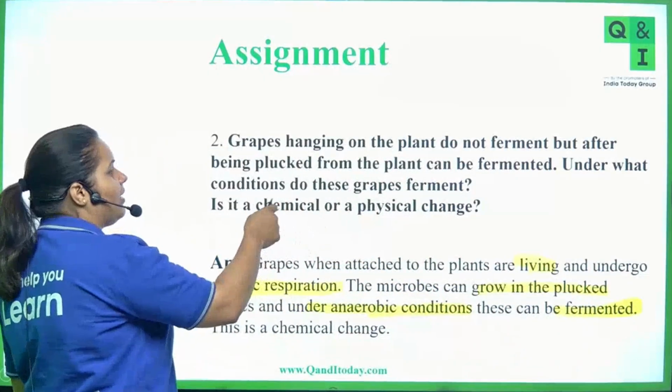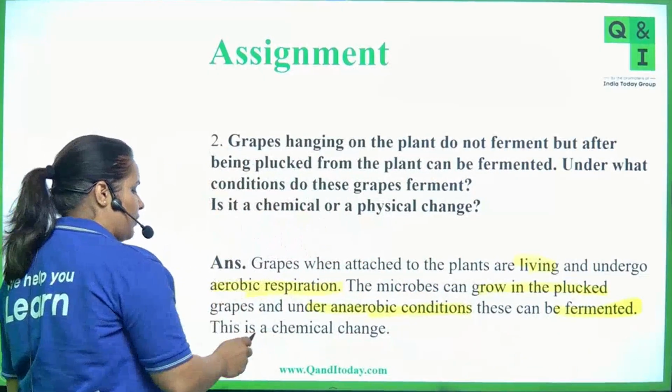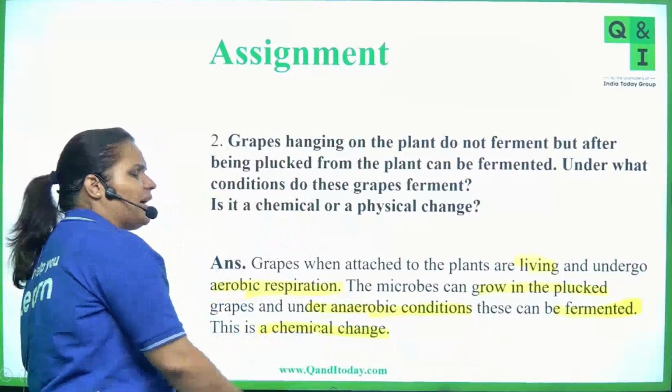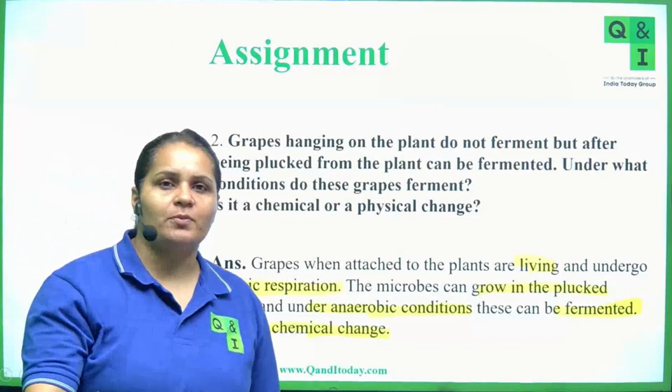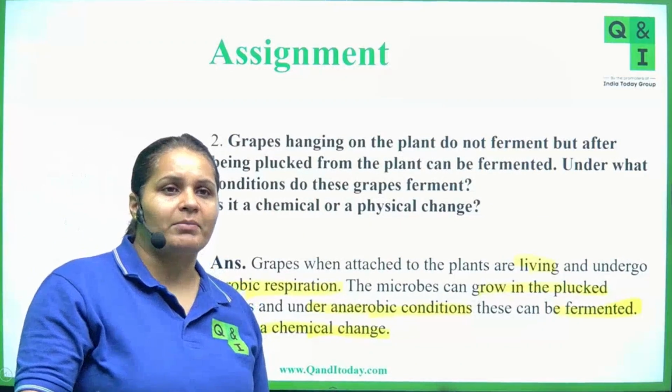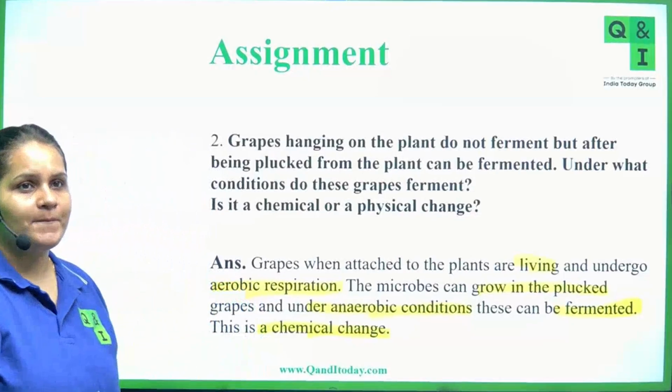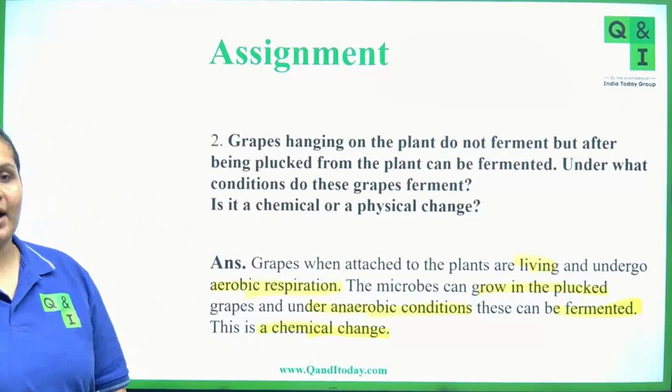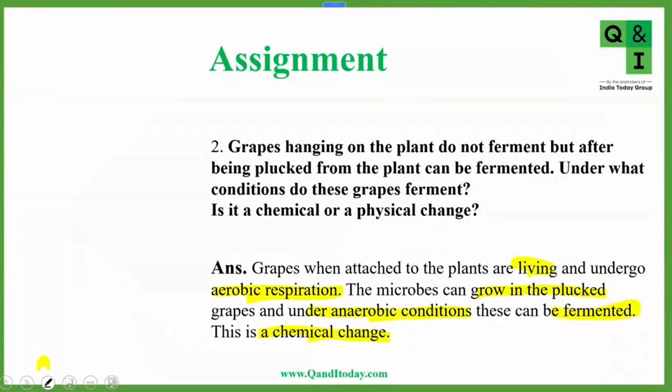And that's why we say that grapes ferment, and it's a chemical change. I explained the fermentation process in the last session. Do you remember? Yes, ma'am. Yeah, at the start of the last lecture, that's the anaerobic respiration going on, and that's nothing but fermentation, and fermentation is a chemical change.